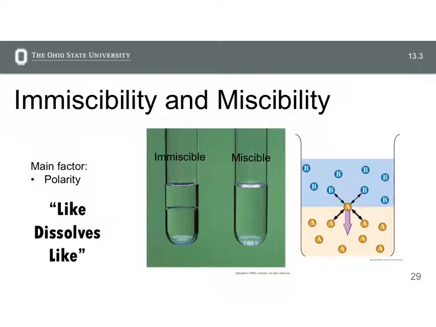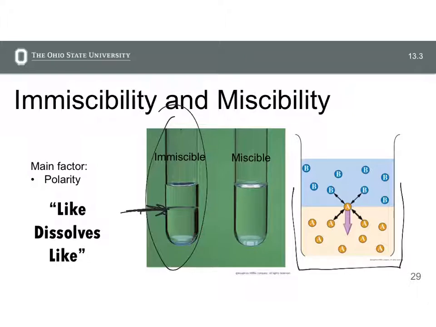This figure is showing two liquids that do not mix together. You see the line here that's separating those liquids. And then on the other side, you have to sort of trust us, but the test tube has two liquids in it that have formed a solution. This line here is going to be represented in the figure on the right, the defining line between the blue and the yellow.